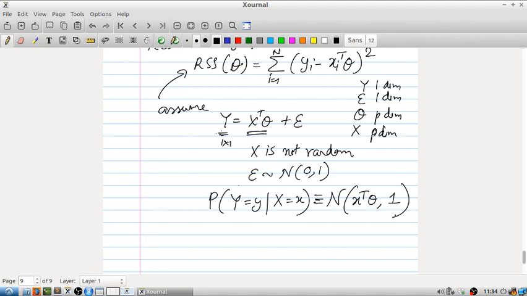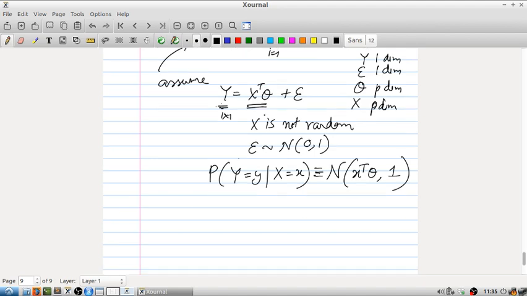Because the only thing y is a function of is the input variable x plus this epsilon here, and epsilon is the only thing which I'm saying is random. X is not random. So for every given x, y is just a shifted normal distribution. It's just a shift with a constant because x is not random. So let's assume x is fixed to be some number, some vector. For every fixed x, y is just a normally distributed random variable with a certain mean and some variance.